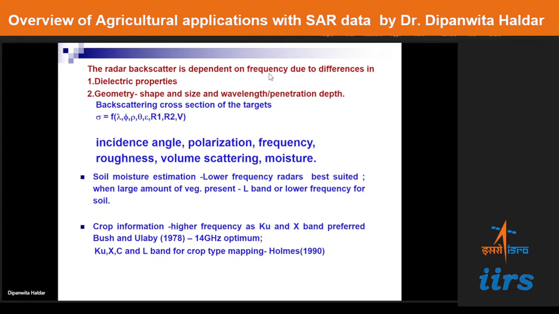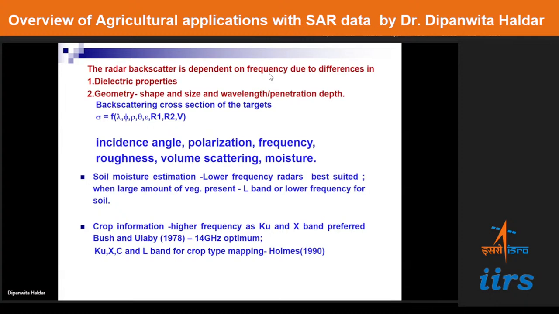Then the crop information specifically is possible at higher frequency like Ku band, X band or C band. At higher frequency the wavelength will be a little less than the lower frequency, so it need not penetrate the entire canopy.